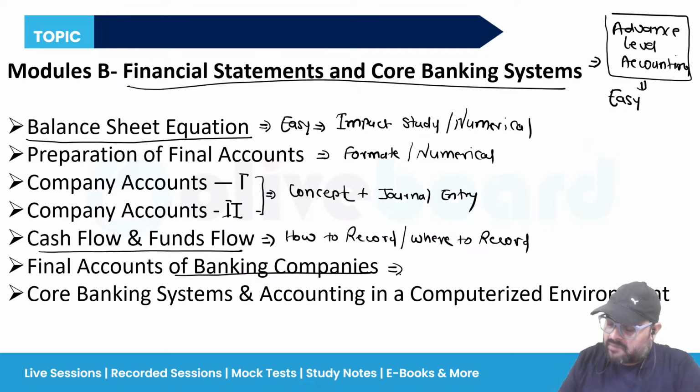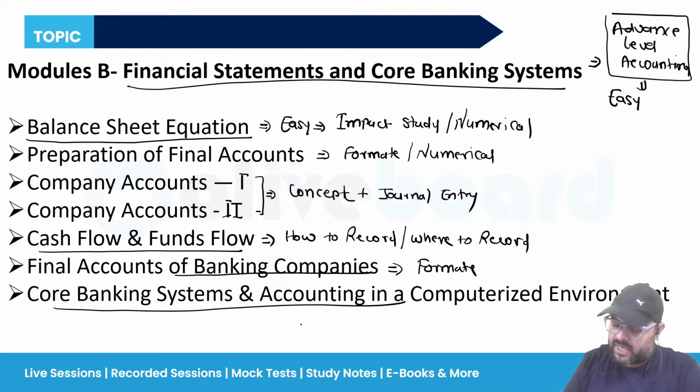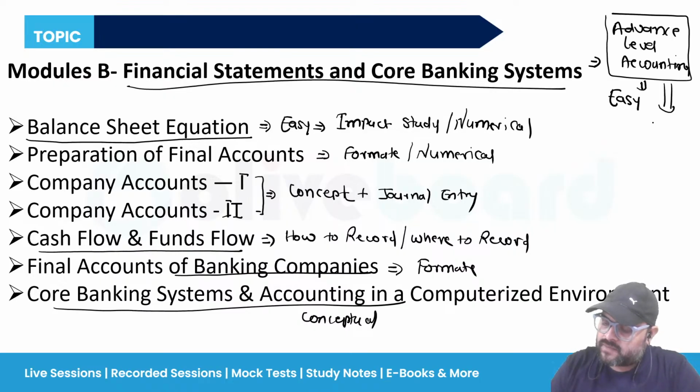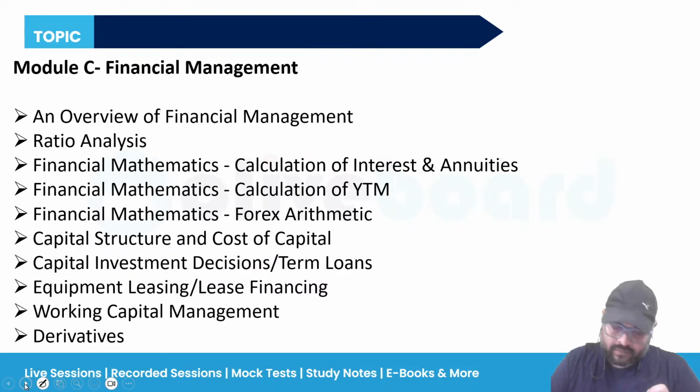Accounts of a banking company, questions will be based on formats. It's a format driven topic, and CBS is completely a conceptual, easy topic. So this particular module is around 20 to 25 marks, and it's easy to score good marks out of it. So we should focus accordingly on module B by considering it as the most scoring one.